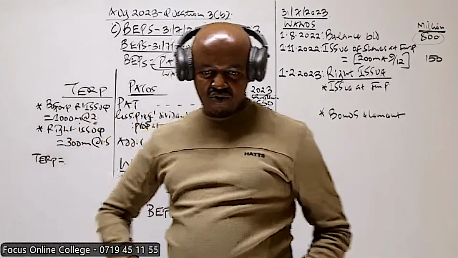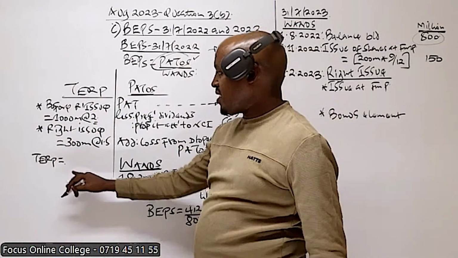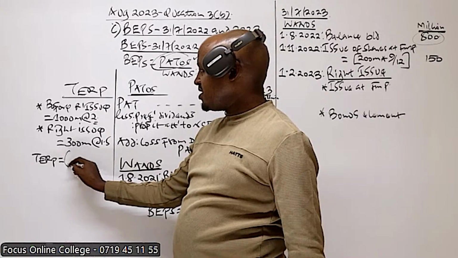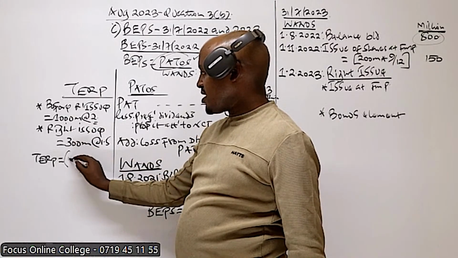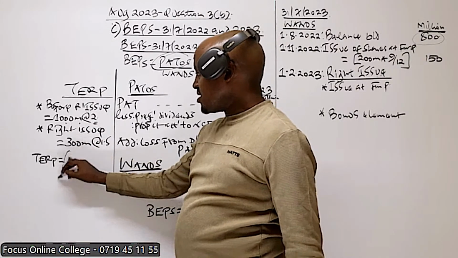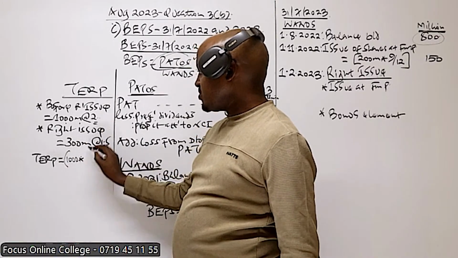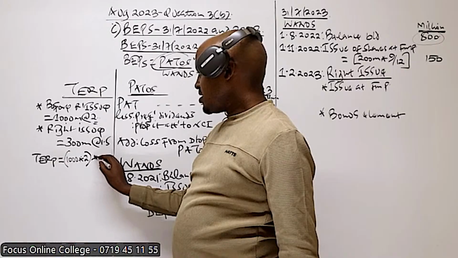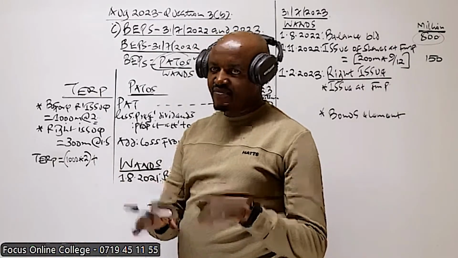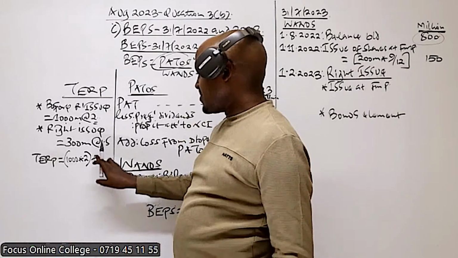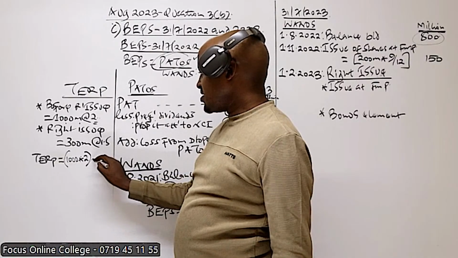So what you do here, take the shares which were held before the rights issue, 1,000. You multiply them with their market price, which was 2. I hope you can remember something related to this; you did it in FM.